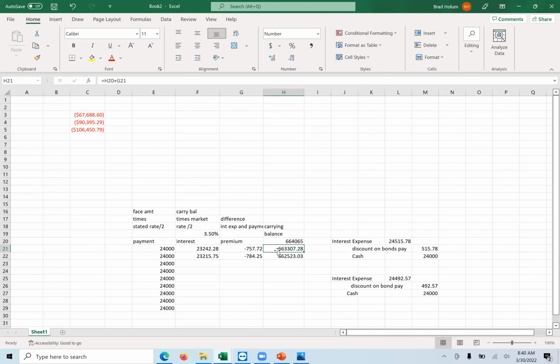So for the next period, our interest will be calculated on a carrying balance of 663,307 times 3.5%. That gives us 23,215.75. We take the difference between the payment and the interest, and we see it's 784.25.